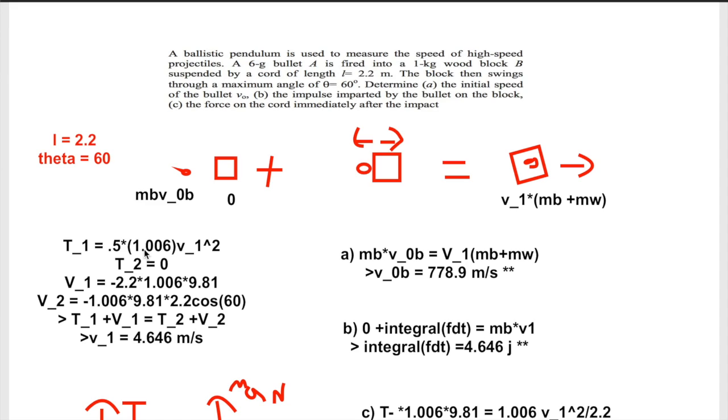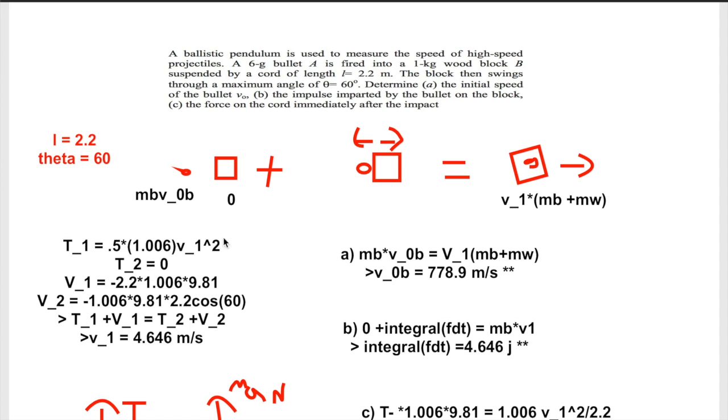Then we can use our conservation of energy. T1 is the initial kinetic energy of the block and the bullet together. We know it's 0.5 times the mass of the block and bullet times the velocity here squared.